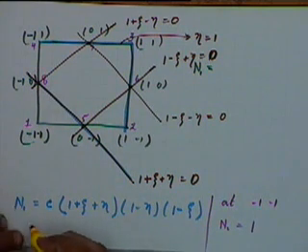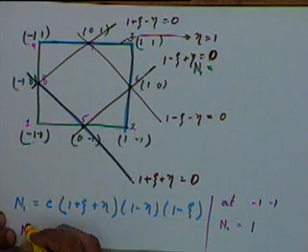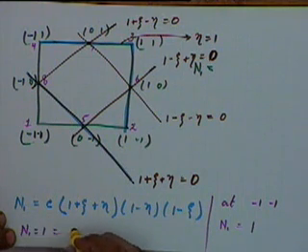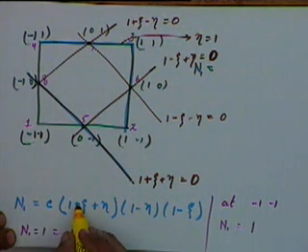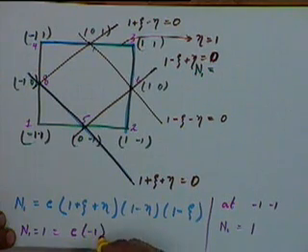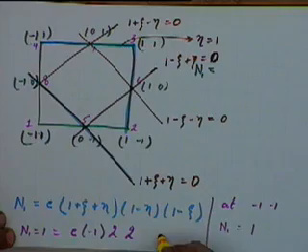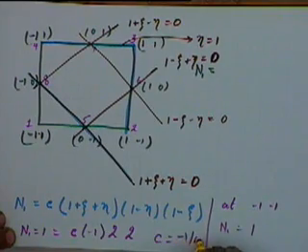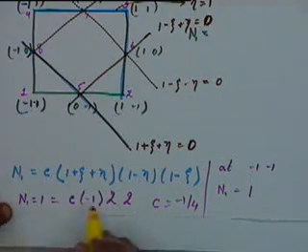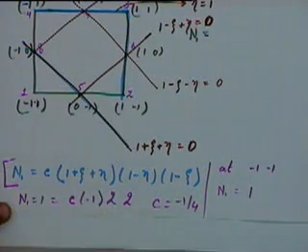We will get n1, which is equal to 1, will be equal to c times, I am putting -1 here, so we will get -1 into 2 into 2. So that means c will be equal to -1 by 4. So n1 we will get in this form.